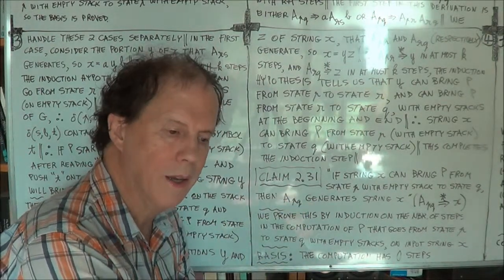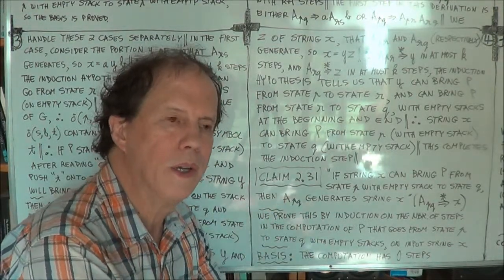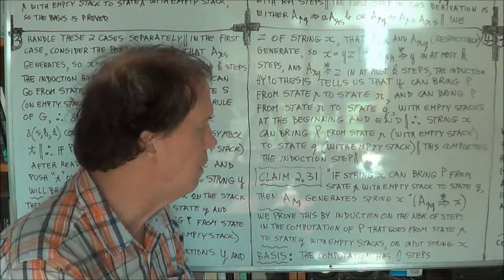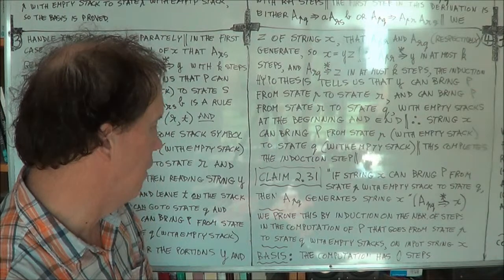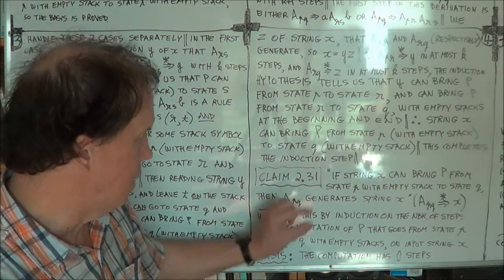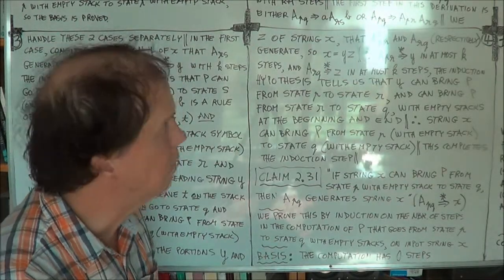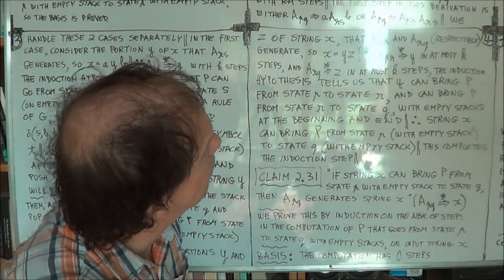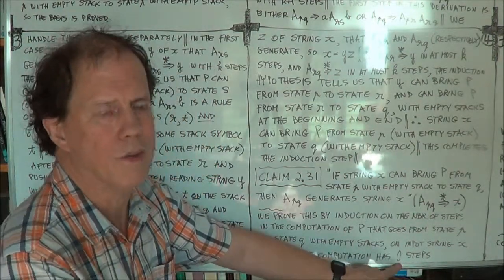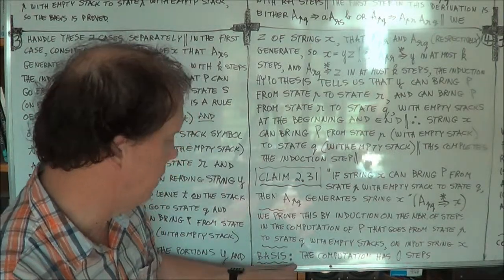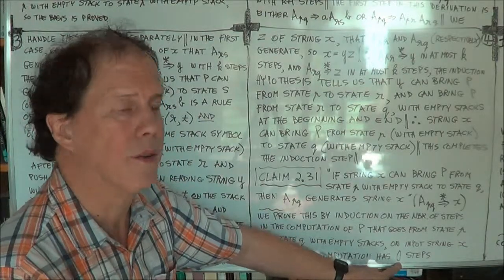So how many steps does the PDA go through to read the input string X? We're assuming this to be true. For the basis step in the induction, I'm going to start with 0, a small number: the computation has 0 steps rather than 1.